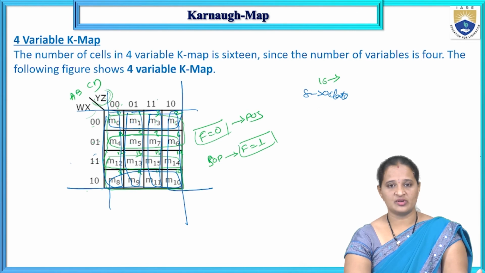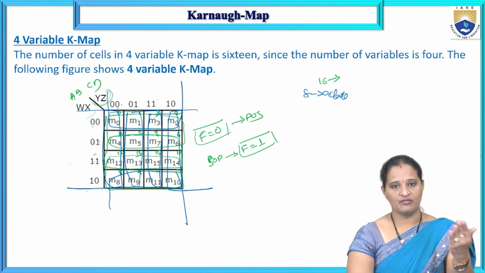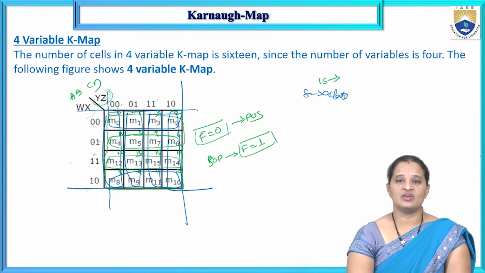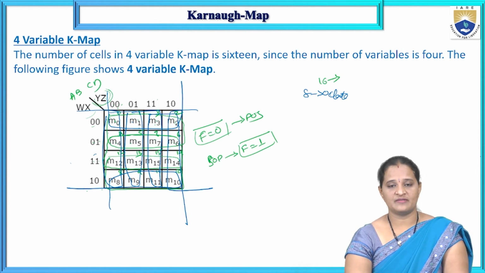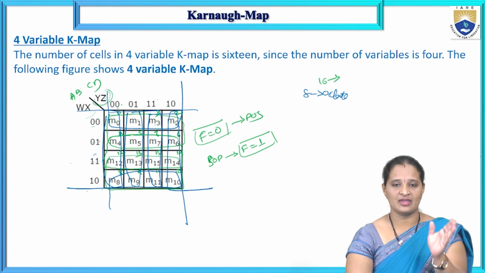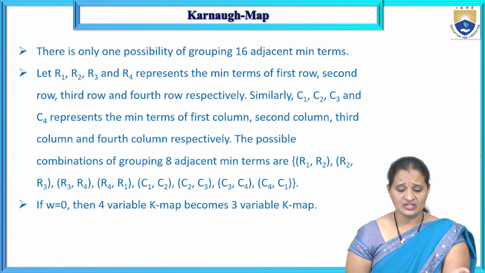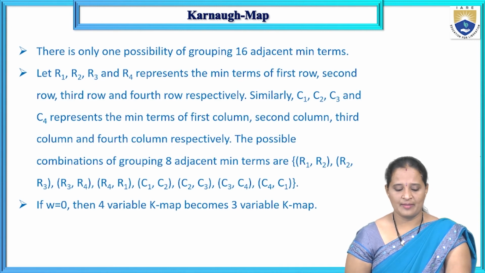If it is not possible to form a higher group, then go for the next higher group. Like that, we have to make groups of adjacent cells starting from higher group to the lower group. So this is a 4 variable K-map.